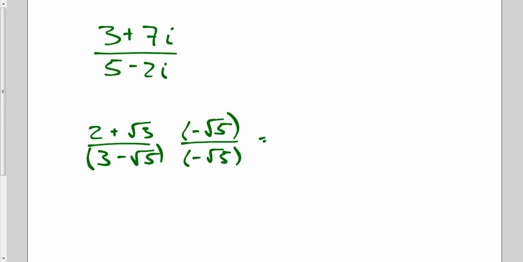What happens when I multiply this denominator by negative root 5? I get, actually, plus 5, right? Do I get rid of my radical sign? I just moved it, right? So what do I do?